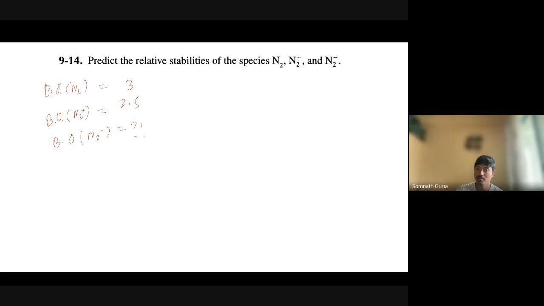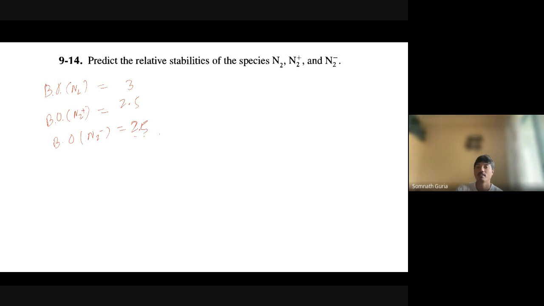Yes, we can. What will be the value? One unpaired electron in the pi star orbital. So what is the value? This one will be 2.5. Right.